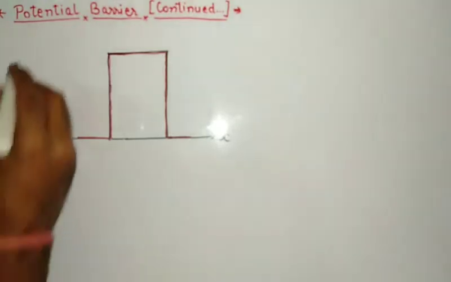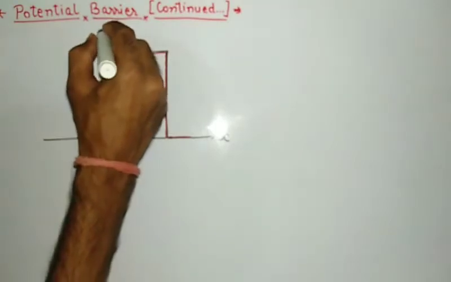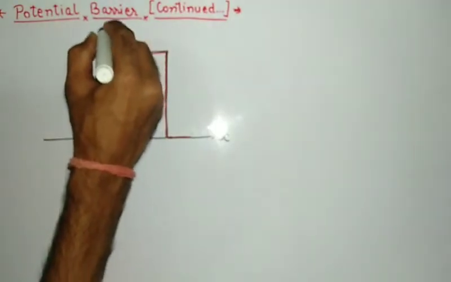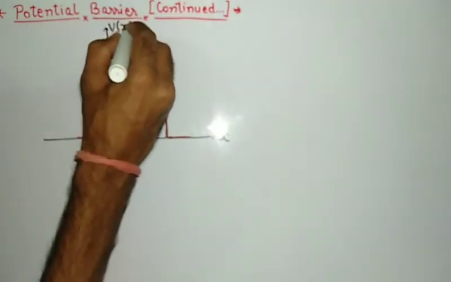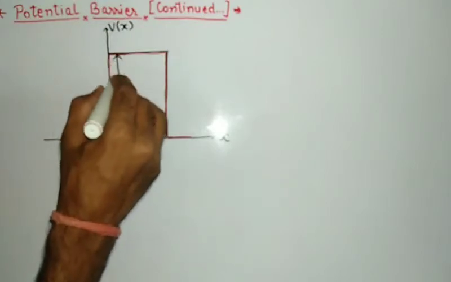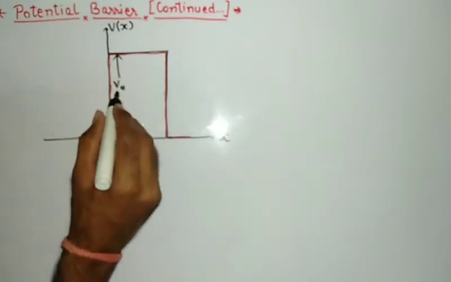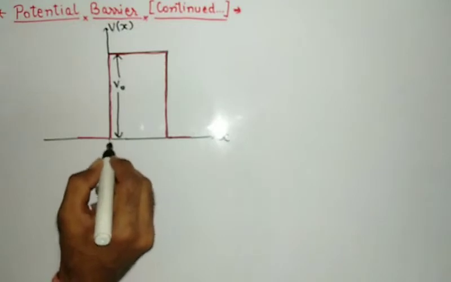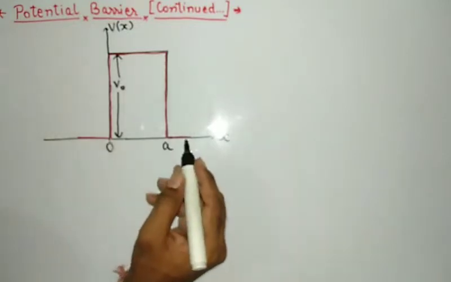As we know, this is the potential V(x) and this is the potential height V0, from 0 to a.